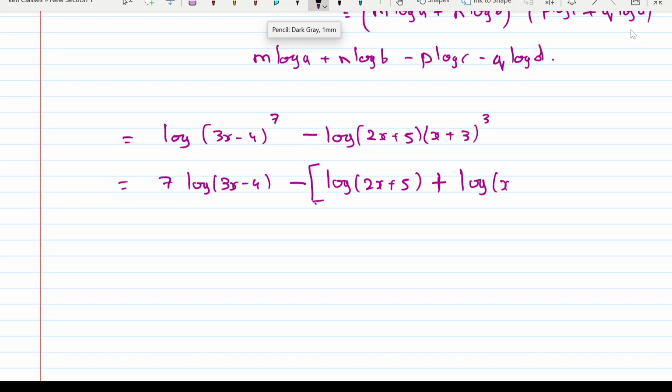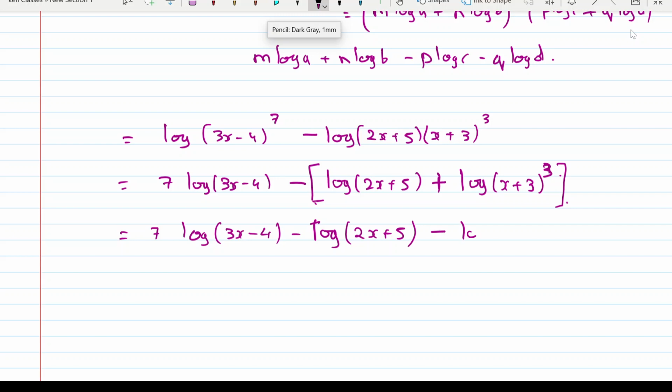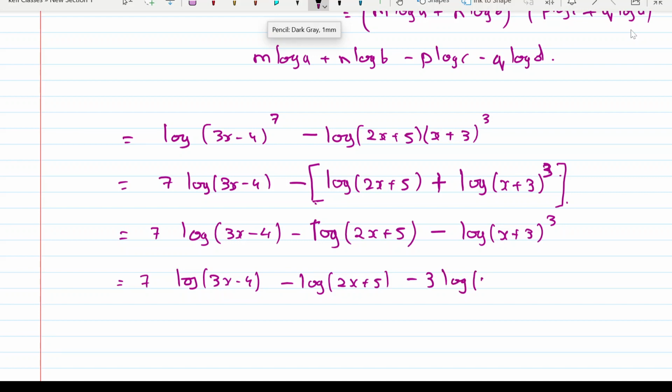So minus log of x plus 3 raised to 3. So this is 7 log 3x minus 4 minus, if I open up the brackets it will be minus log 2x plus 5 minus log x plus 3 raised to 3, which is equal to 7 log 3x minus 4 minus log 2x plus 5 minus 3 log x plus 3.